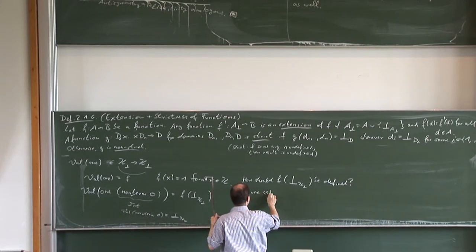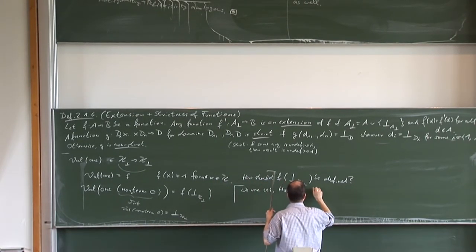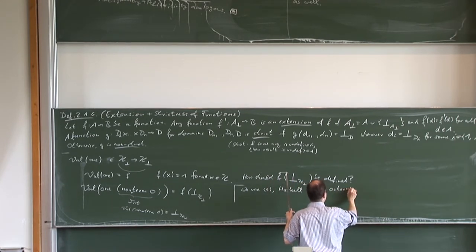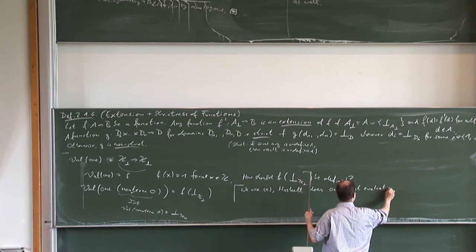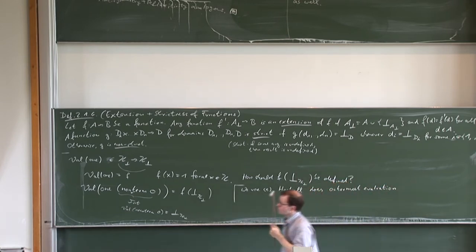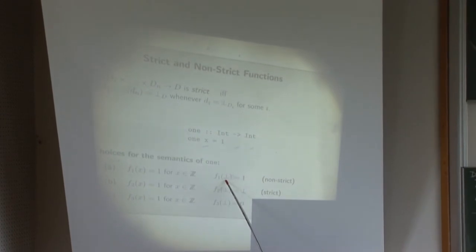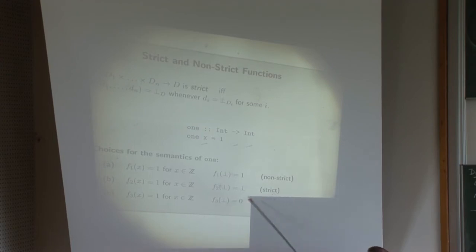We use A because Haskell does non-strict or outermost evaluation. And as you can see, this function f1 is not strict. f1 here has an undefined argument, but still the result is defined. Now in functions with innermost evaluation or eager evaluation or call by value evaluation, this can never happen.